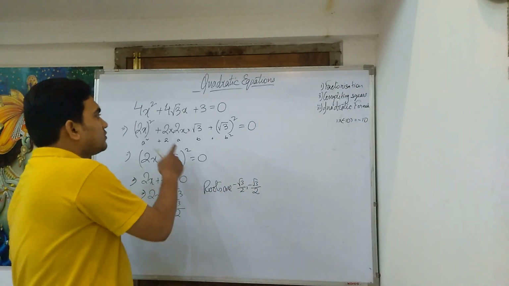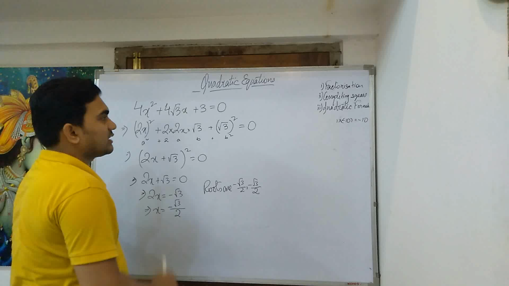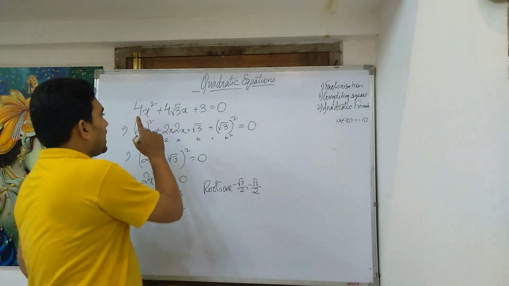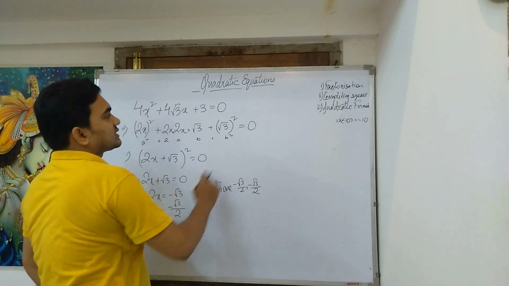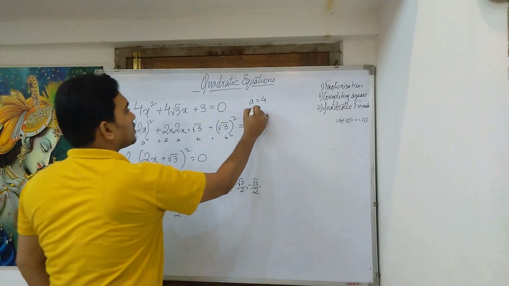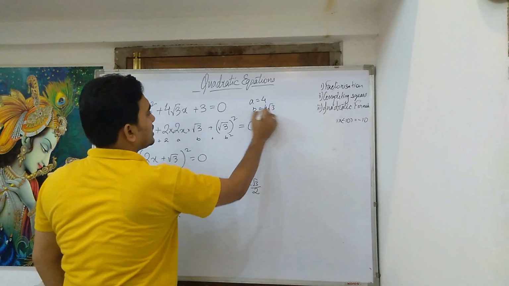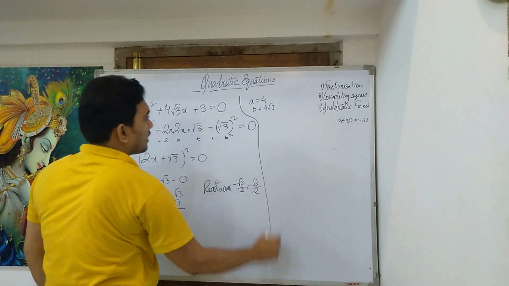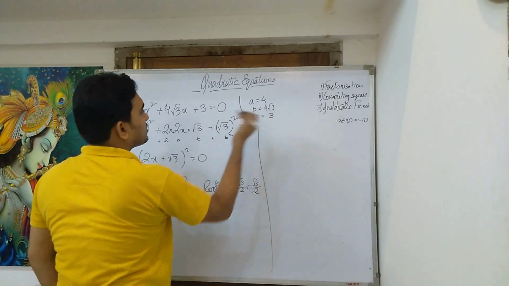Now, what if I do the same thing using the quadratic formula? First of all, I have to take the constants. Here a equals to 4, b equals to 4 root 3, c equals to 3.